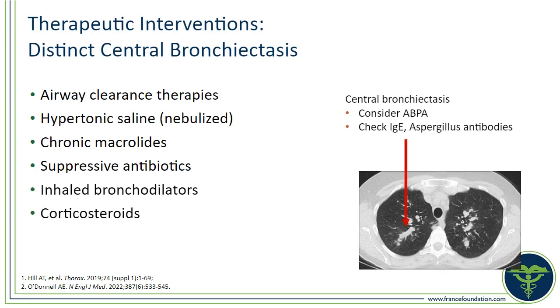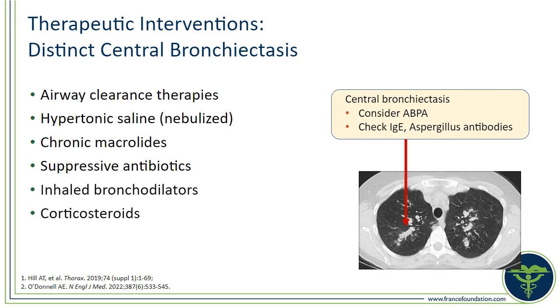And next, we look at the therapeutic interventions for distinct central bronchiectasis. As already mentioned, when we look at central bronchiectasis, we need to think about etiologies such as ABPA, which is often associated with allergic airways disease such as asthma. In these patients, we will often do some diagnostic testing looking for ABPA, which may include Aspergillus antibodies, and checking IgE and eosinophil levels.